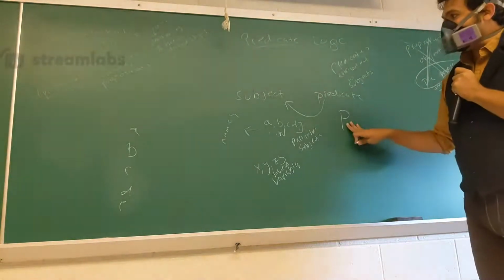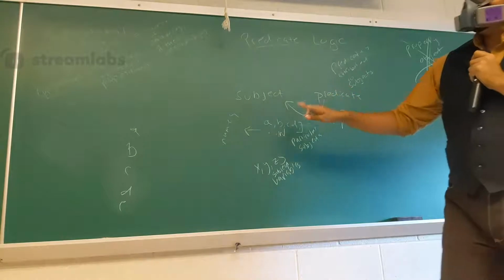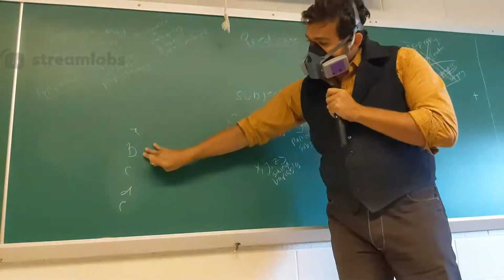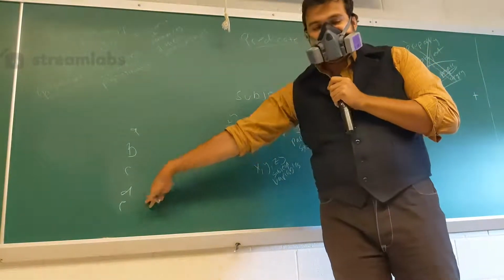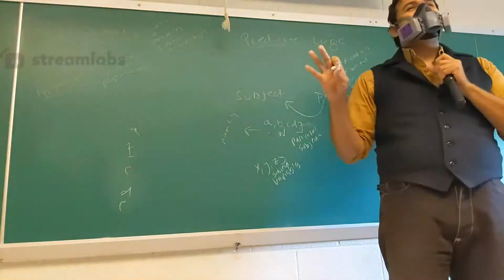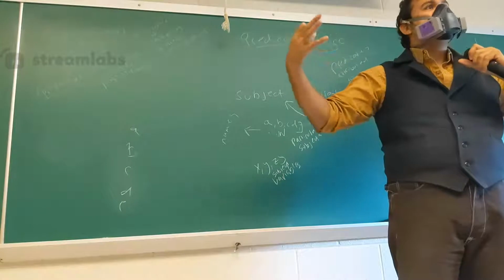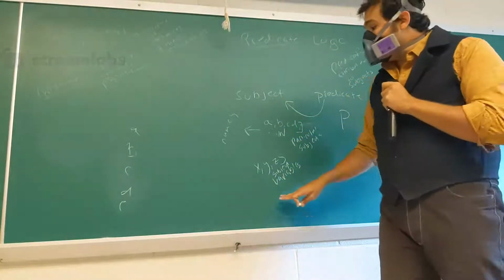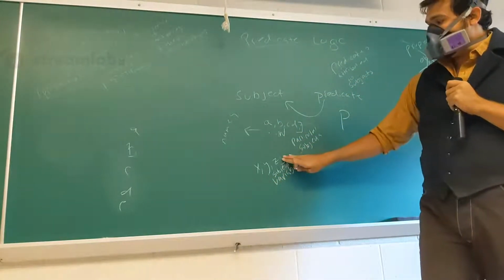So we've got capital letters representing the predicate. We've got our lowercase A through W representing individual things. Or I don't want to say things because that gets back to the metaphysics. Individual subjects. And then we have X, Y, and Z as our variables.